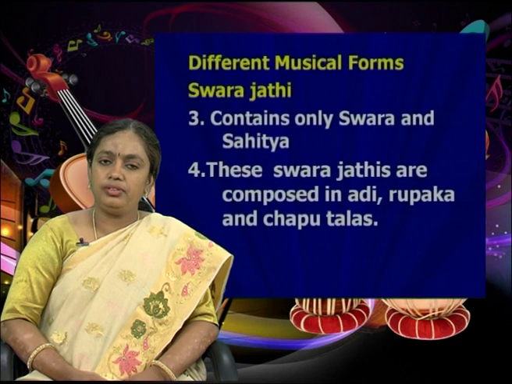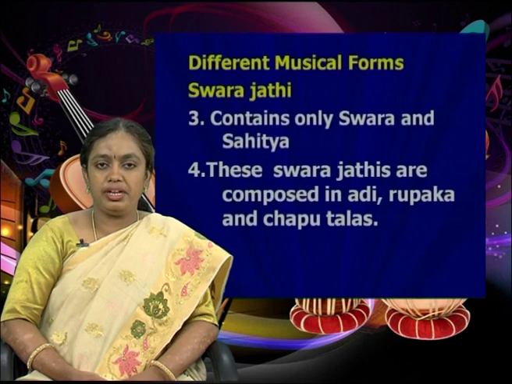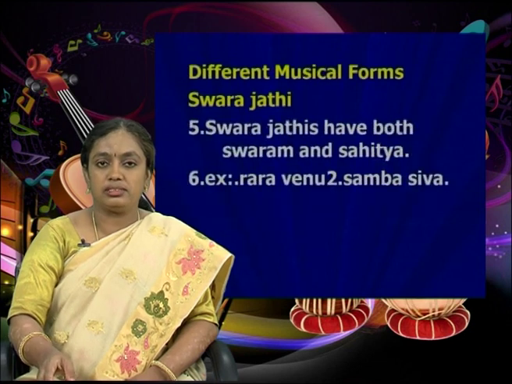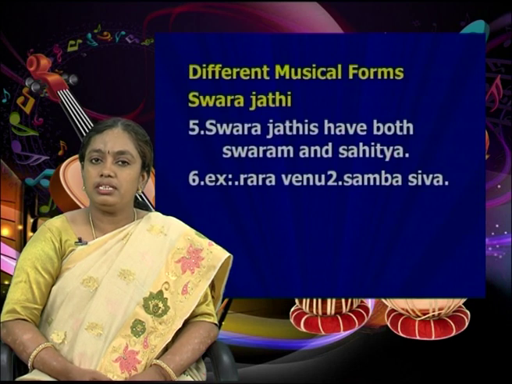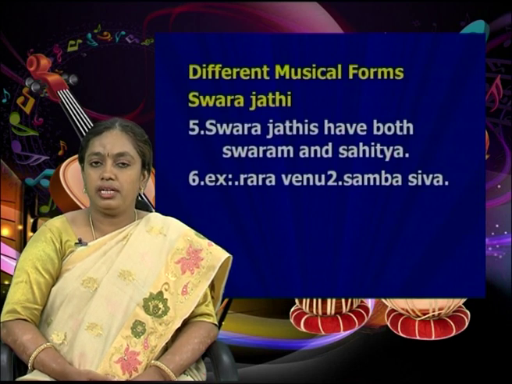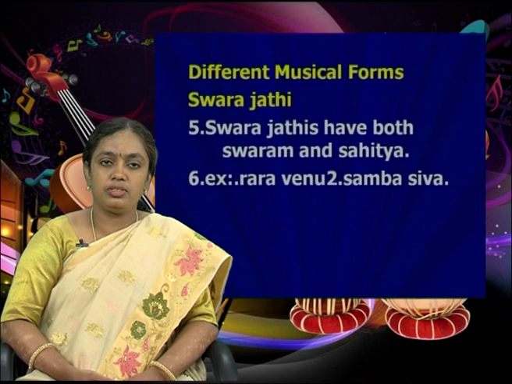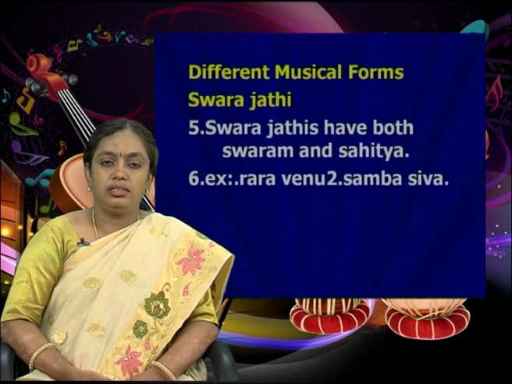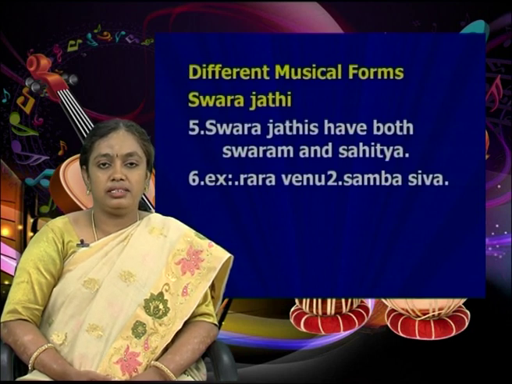Many composers have composed many Swarajatis in Aditala, which is regularly used, and in Rupaka and Chaputalas. These Swarajatis have both Swaram and Sahityam, and I just want to show some examples: in Bilahari Raga, Aditala, Rara Venu, and in Khamas Raga, Aditala, the composition is Samba Shiva.